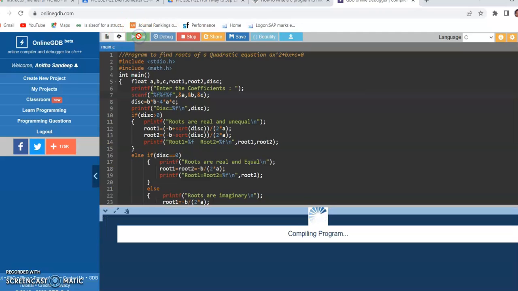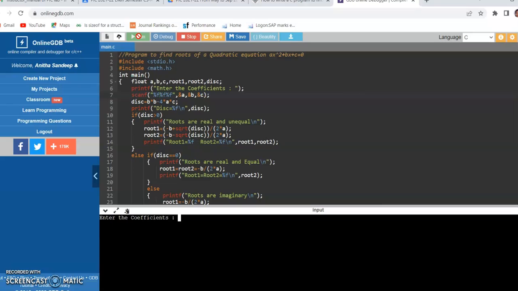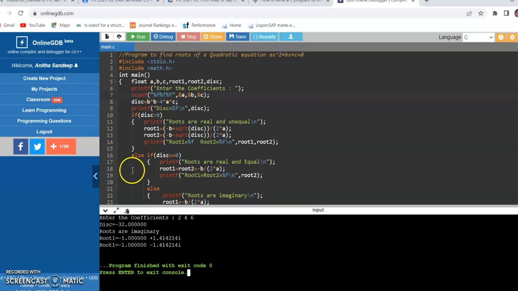Let us check the third case. 2, 4, 6. So here the discriminant is negative, so roots are imaginary. Root 1 is equal to minus 1 plus 1.41421 i and root 2 is equal to minus 1 minus.